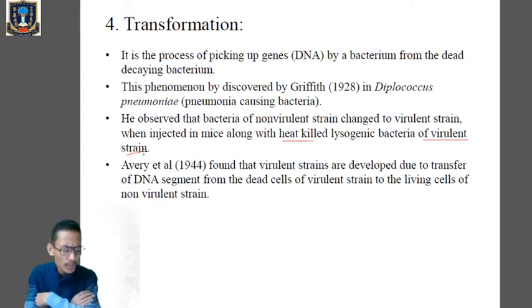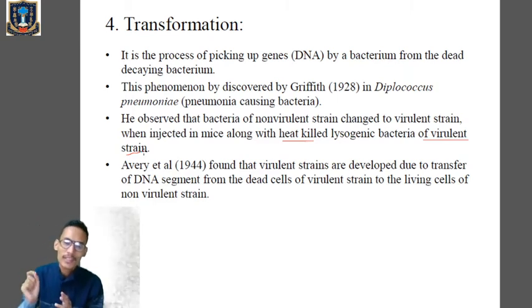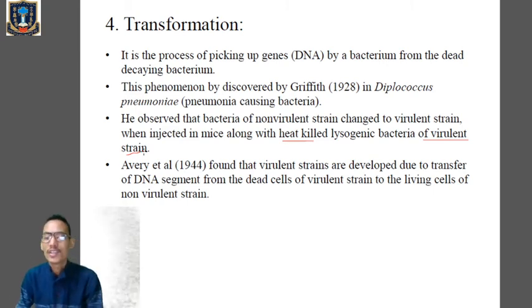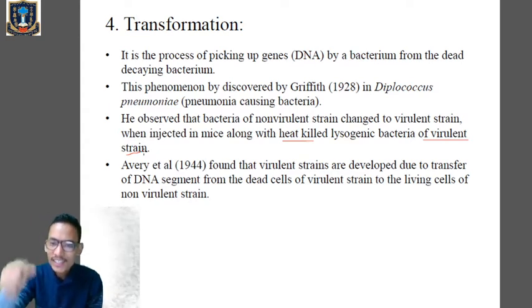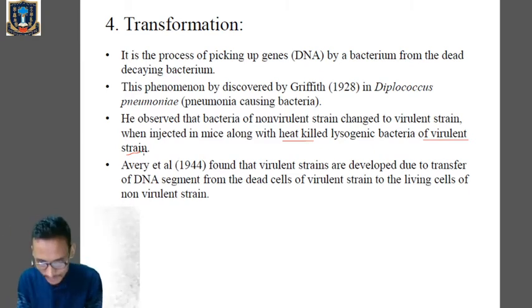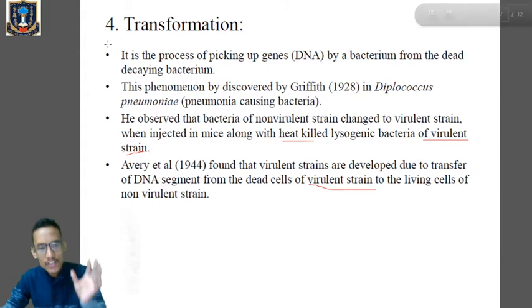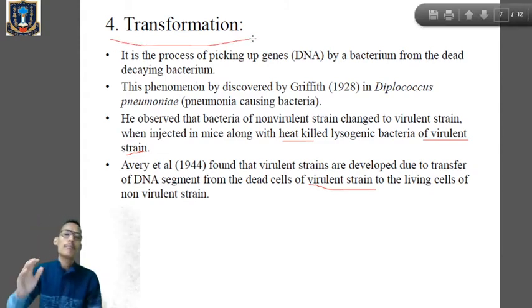So, Avery et al. in the year 1944 found that the virulent strains are developed due to the transfer of DNA segment from the dead cells of virulent strains to the living cells of the non-virulent strain. So due to the transfer of genetic material from the heat-killed virulent strain into the non-virulent strain, the non-virulent strain was changed into the virulent strain, and this process is known as transformation.